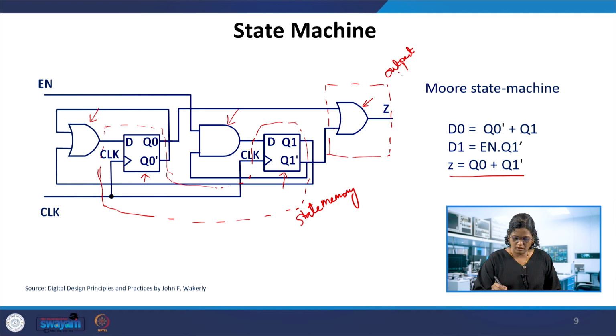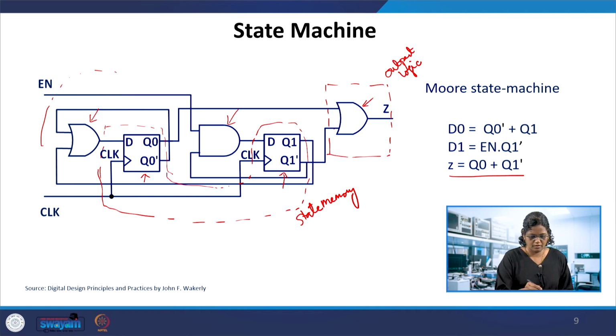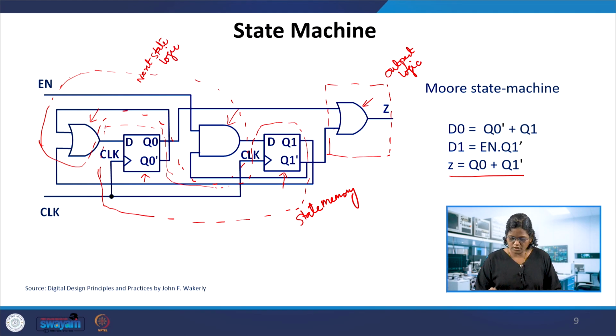What about the next state logic? It is contained here. We have this circuit which is giving the next state logic. The next state logic decides D0 and D1.